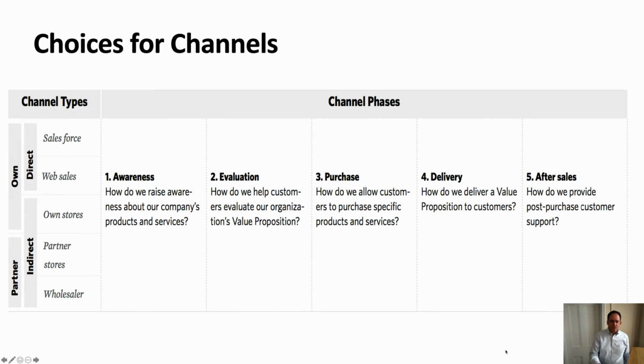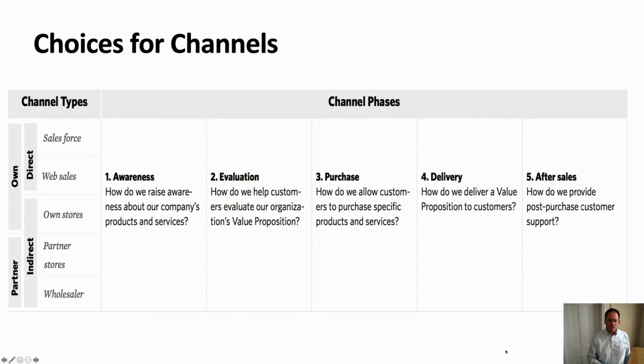Think about how Amazon does it. Amazon does it with pictures, with design specification, and then they have the feedback. They capture from people feedback about the product itself in action, and that's how we judge whether we're going to make that decision. How are people going to evaluate your product, your value proposition?